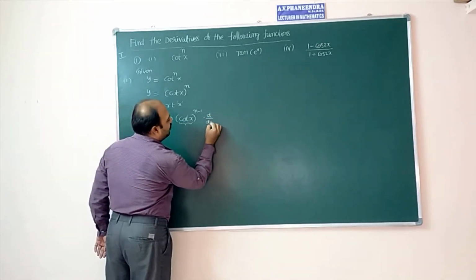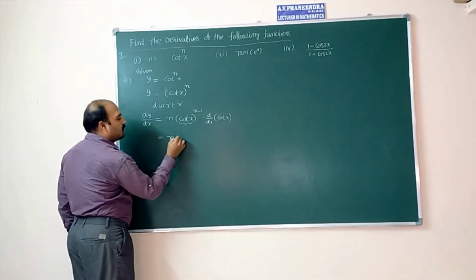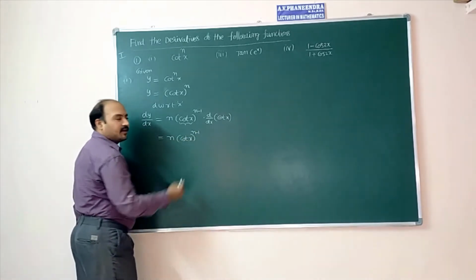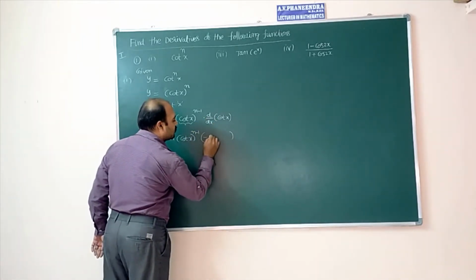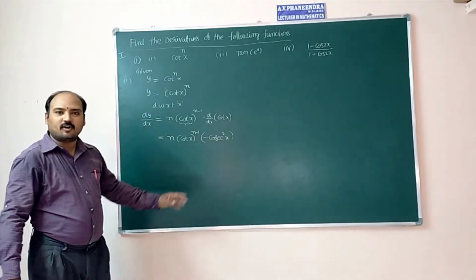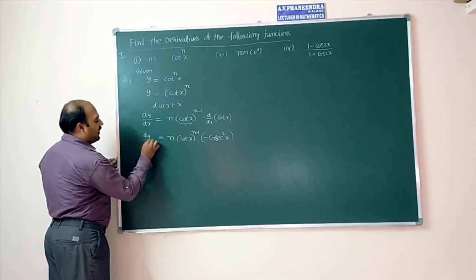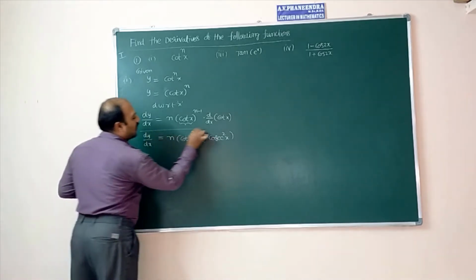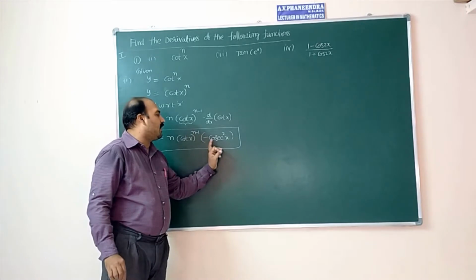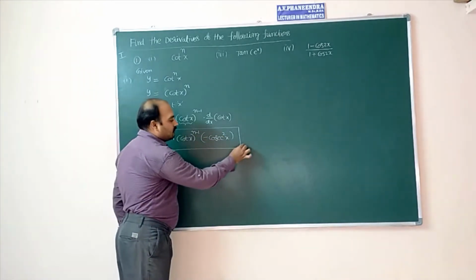D by dx of cot x is minus cosecant square x. You need to learn the formulas. Therefore, dy by dx is equal to n into cot x whole power n minus 1 into minus cosecant square x. Like this, you have to do the sums.